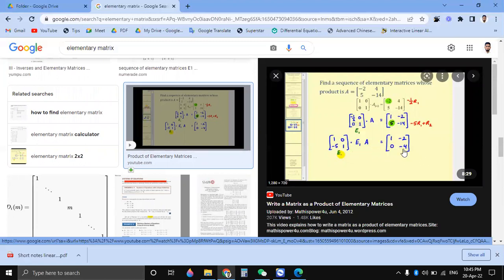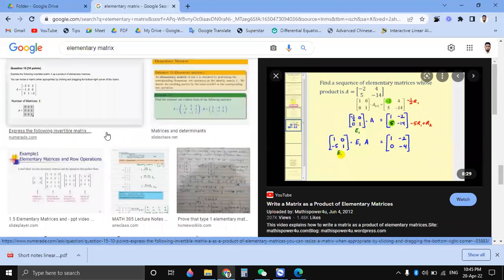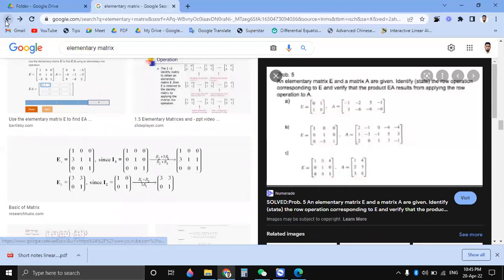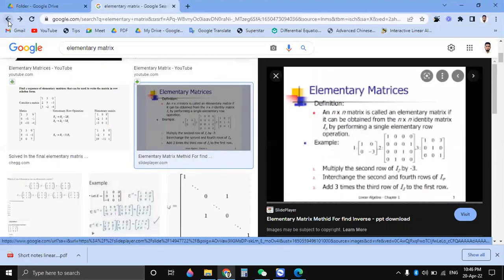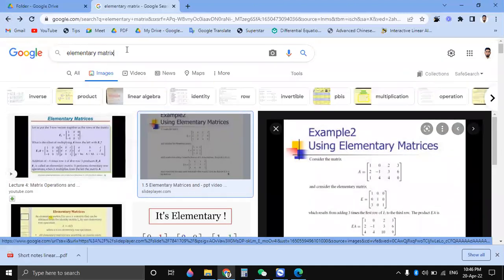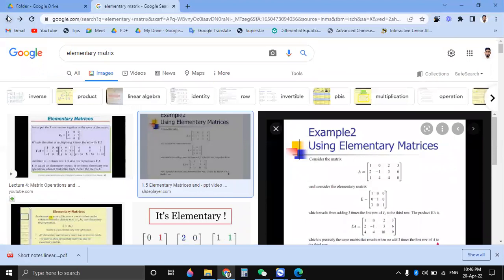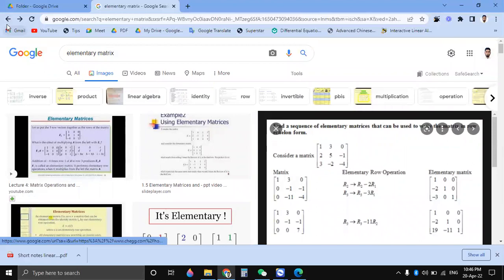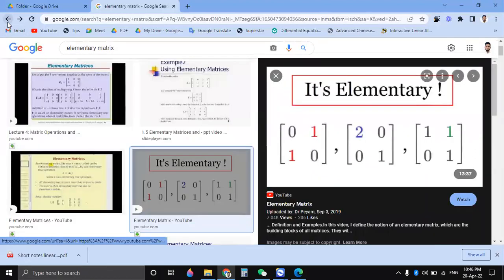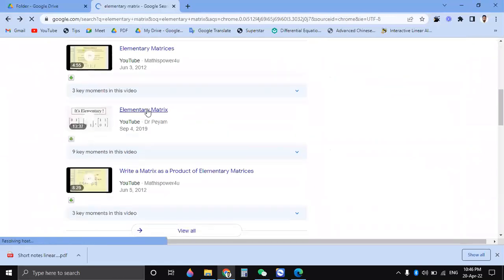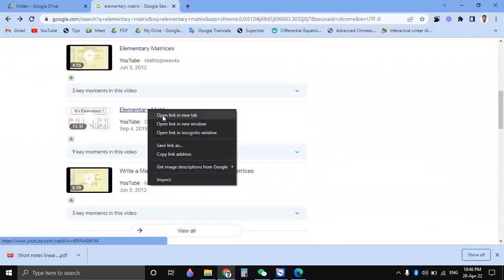So elementary matrix means if we perform just one row operation, and we end up with an identity matrix, then the matrix is called an elementary matrix. Okay, so I'm going to find that kind of elementary matrix.